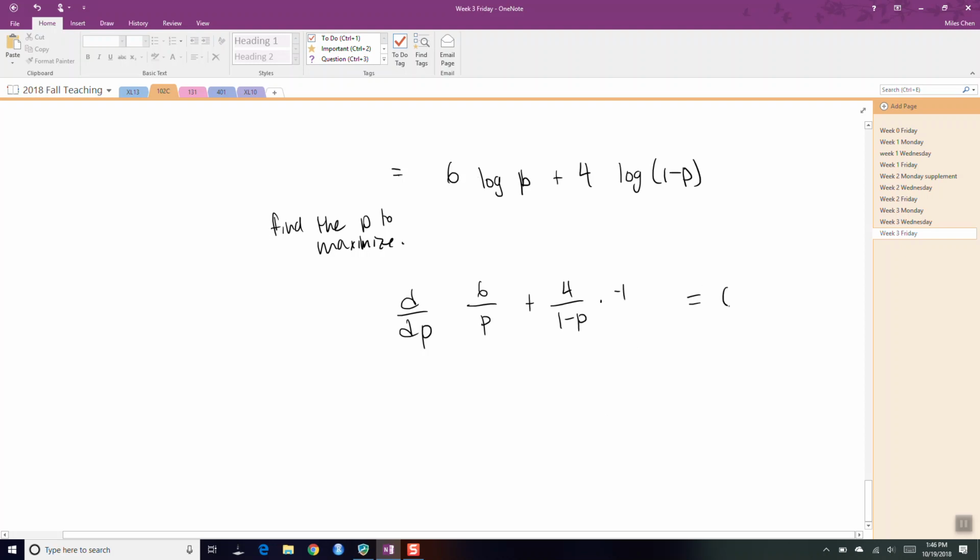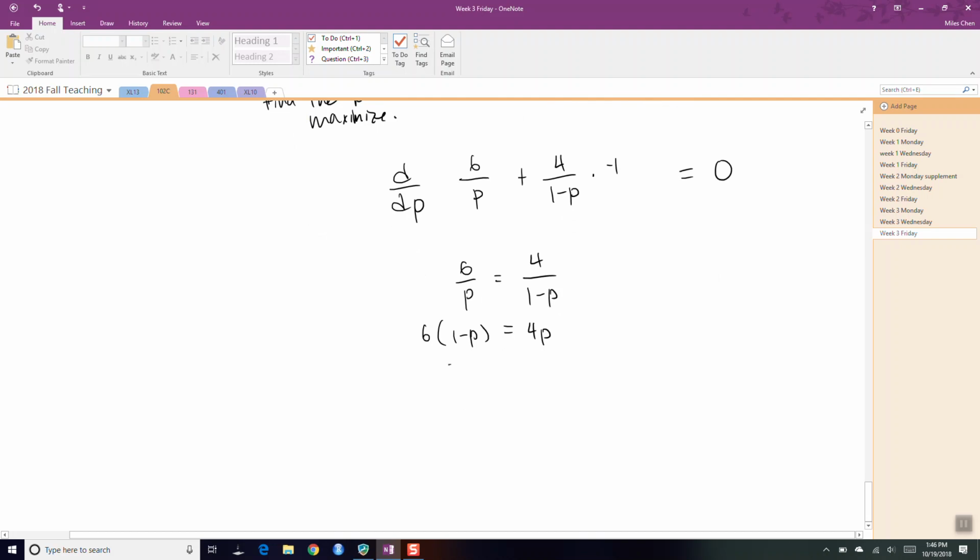And we set that equal to 0, right? So 6 over p is equal to 4 over 1 minus p. And we get 6 times 1 minus p is equal to 4p. 6 minus 6p is equal to 4p. 6 is equal to 10p. 0.6 is equal to p.